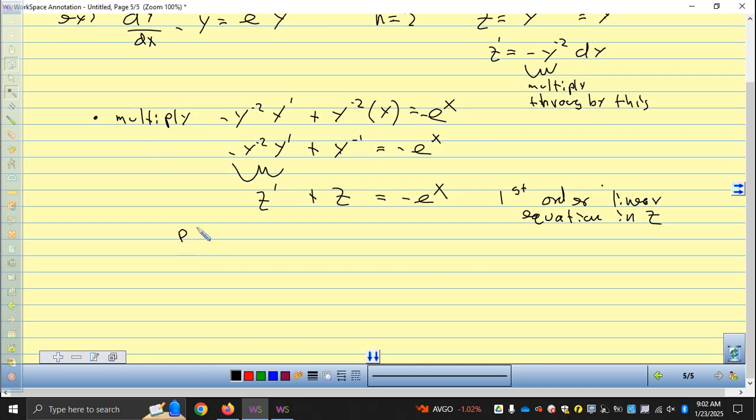So p of x here is just 1. So our integrating factor is mu of x equals e to the integral of 1 dx, which is e to the x.